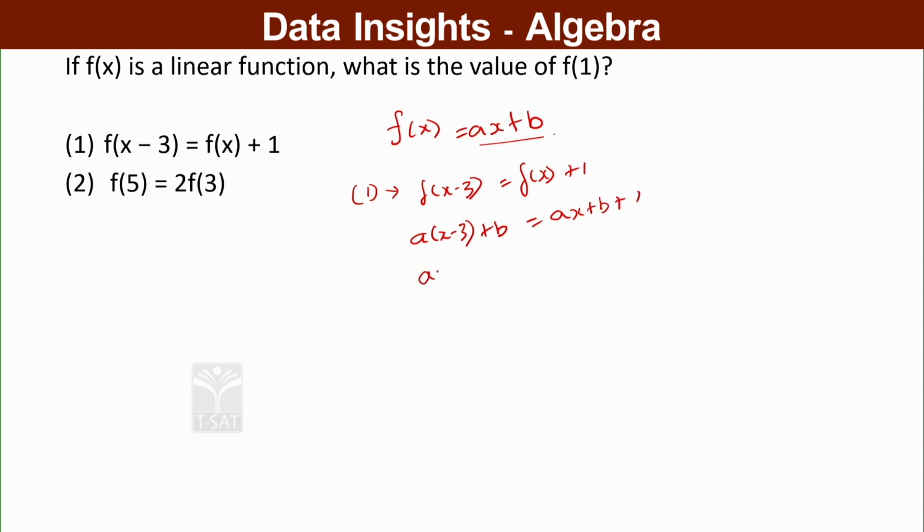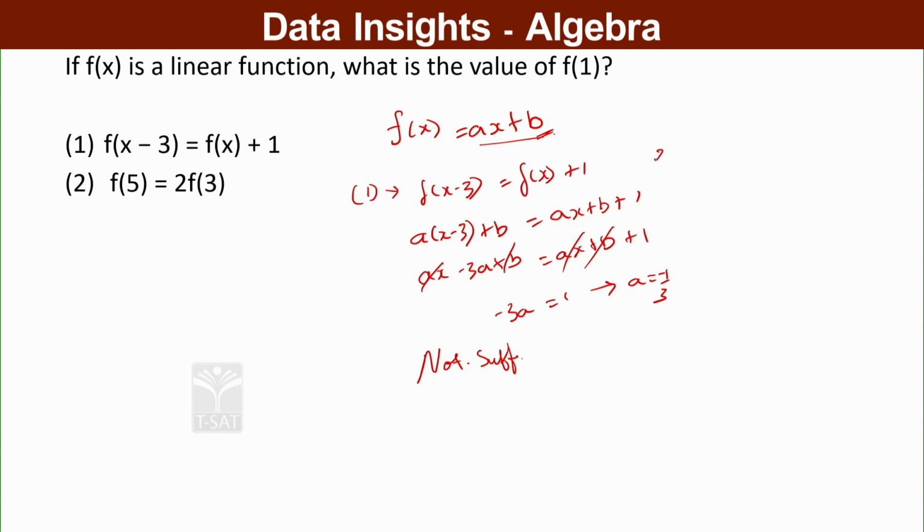So here you are left with ax minus 3a plus b equals ax plus b plus 1. ax gets cancelled on both sides, and b gets cancelled as well. You are left with minus 3a equals 1. So a equals minus 1 by 3. But you don't know anything about b. So this is not sufficient to answer the question.